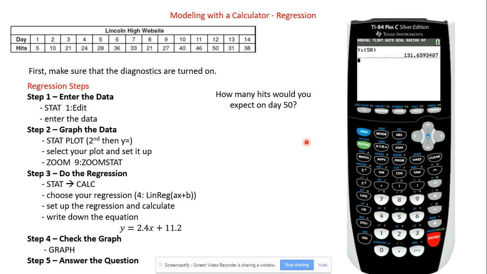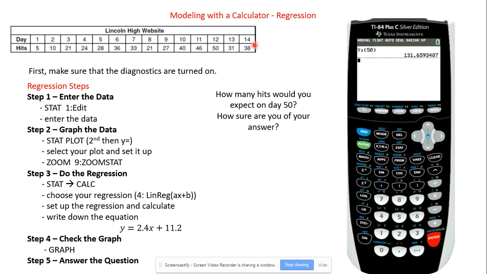And then another question is, how sure are you of your answer? In this case, I wouldn't be particularly confident in my answer. Partly because it was kind of linear, but the correlation wasn't very high. But secondly, we plugged in 50 for day 50.